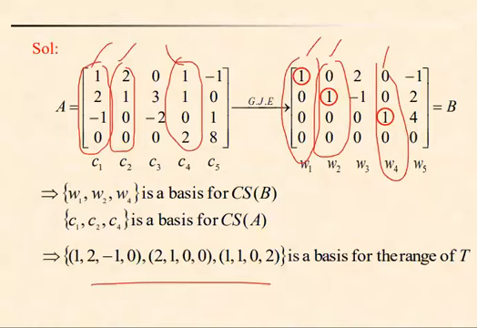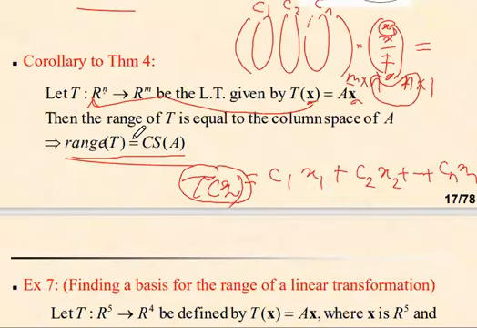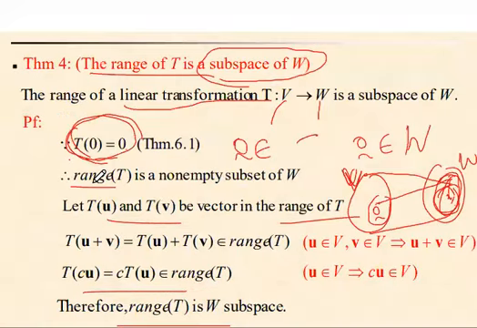Any questions? This is a basis for the range of T, right? The column space. If you write this in terms of matrices, then the column space of A would be the range of T. Remember that.